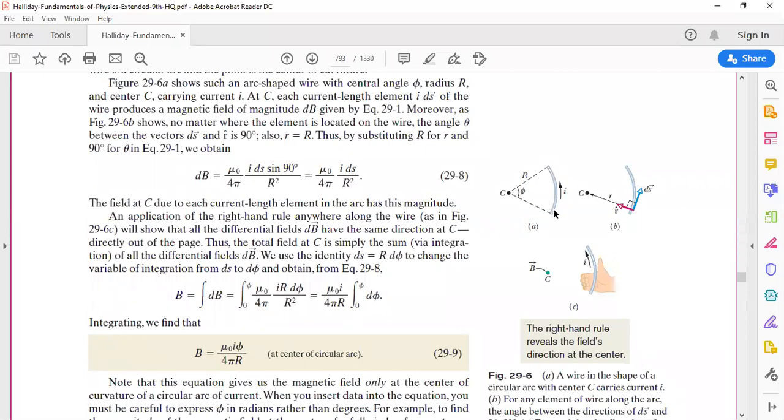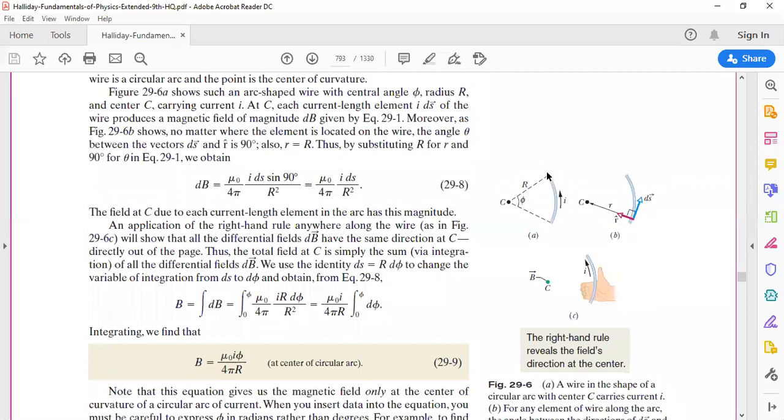You are given an arc of the wire, not a complete circular loop. So determine the magnetic field at the center. How can you make use of your previous knowledge of Biot-Savart's law to determine the magnitude and direction of the magnetic field at this center point P?